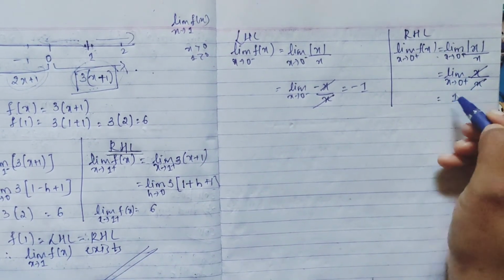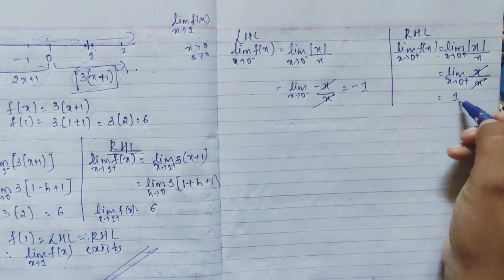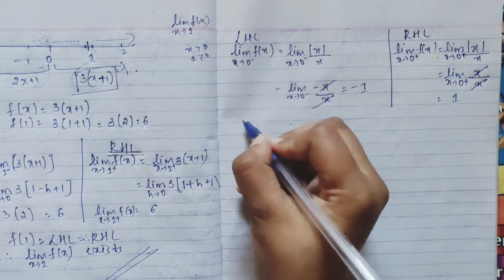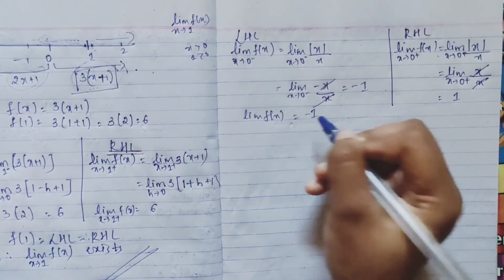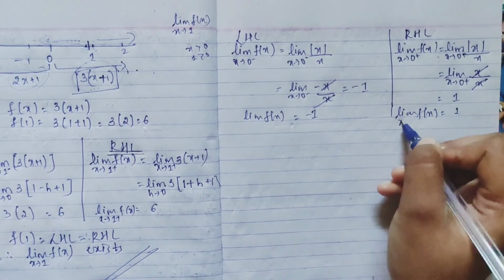You can't apply the limit because x is not remaining. There is no x value to apply the limit to, so directly you can write the answer, that is 1. So see, for the left hand side you are getting minus 1, and for the right hand side you are getting plus 1.